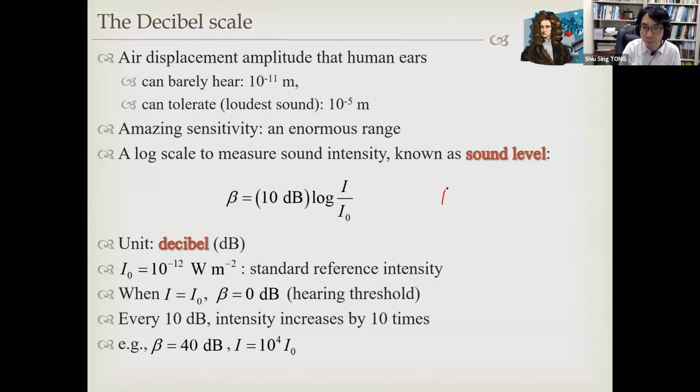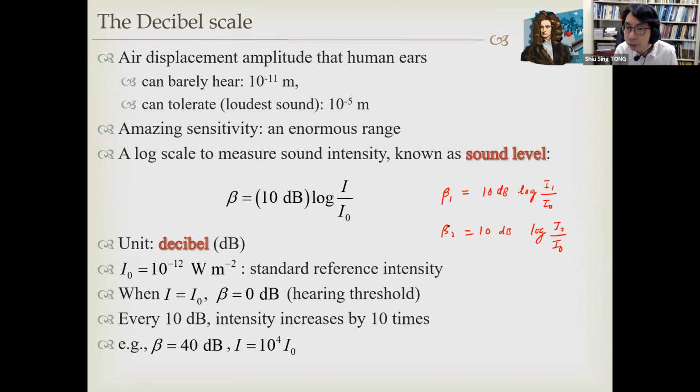Suppose you have two sounds. The first sound is beta 1, corresponding to log I1 over I naught. The beta 2 is another sound, corresponding to log I2 over I naught. So they have different intensity, right?